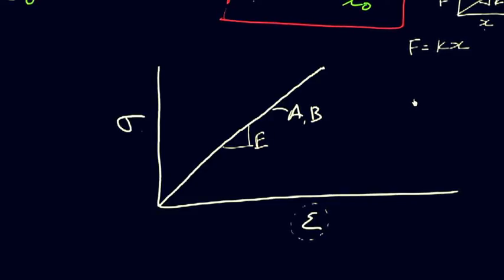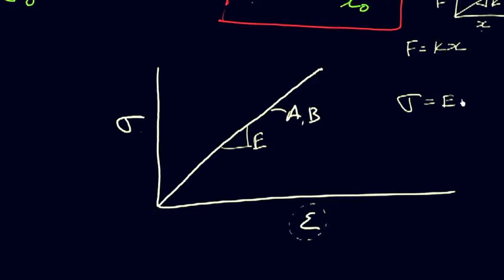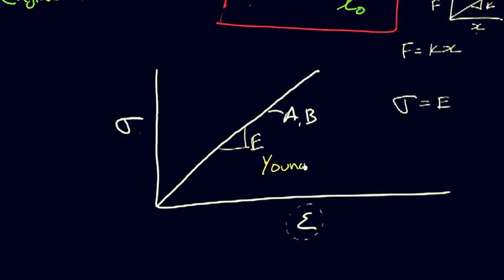And so we can rewrite Hooke's law as stress equals this constant of proportionality, which is actually called the, sorry, correction, this one, new terminology, I like to use yellow for. So that's the Young's modulus.